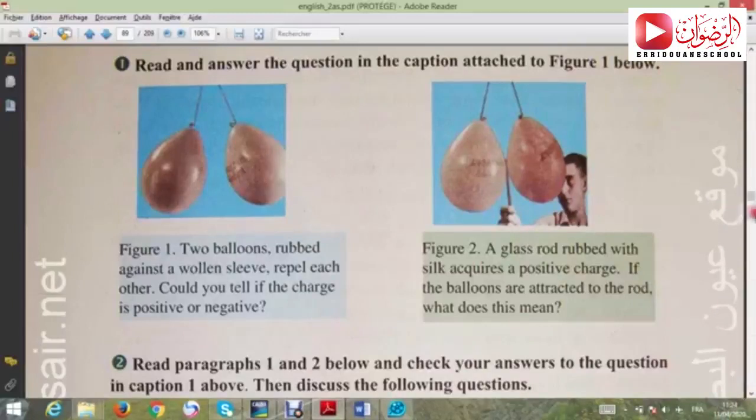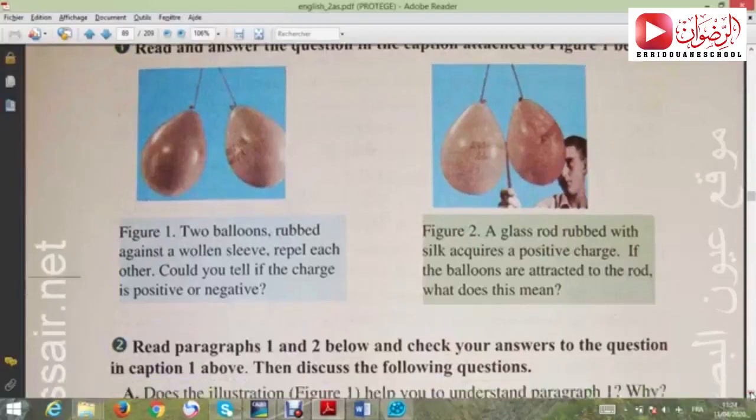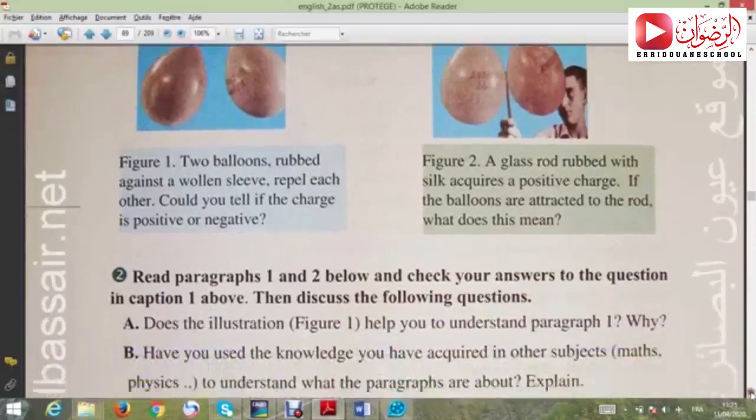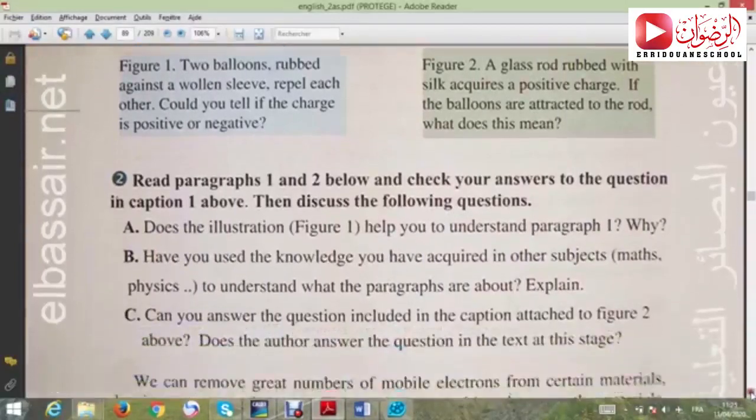Rod rubbed with silk acquires a positive charge. If the balloons are attracted to the rod, what does this mean? Here, the same balloons, we put this rod between them, and they are attracted to this rod. So what does it mean? We're going to find the result at the end, after reading the text.